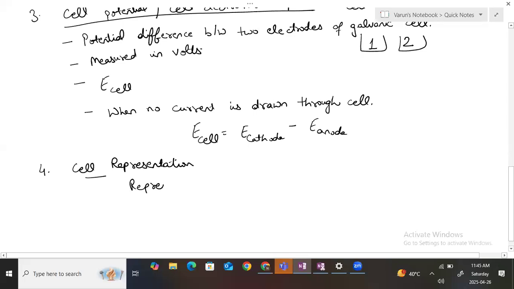Are you getting the terminologies that I'm teaching you? Considering electrochemistry as an easy topic. It is represented by putting a vertical line between metal and electrolyte solution.